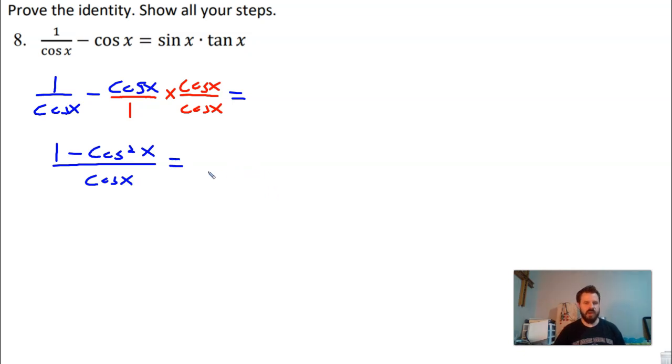All right, from there, we have something squared plus or minus 1, so think Pythagorean identities. I'm going to do some scratch work over here. I know that sine squared x plus cosine squared x is equal to 1. And to get this 1 minus cosine squared, basically we're just going to subtract cosine squared x from both sides.